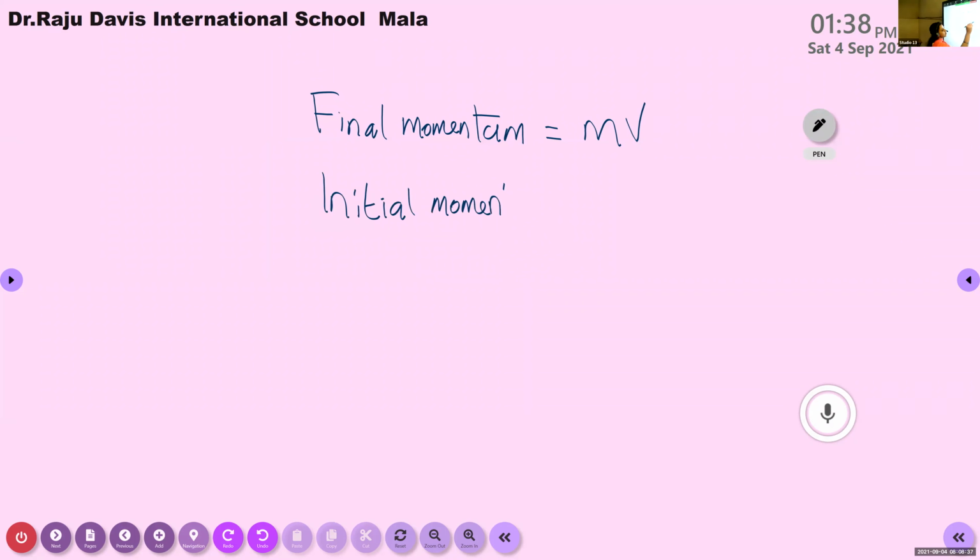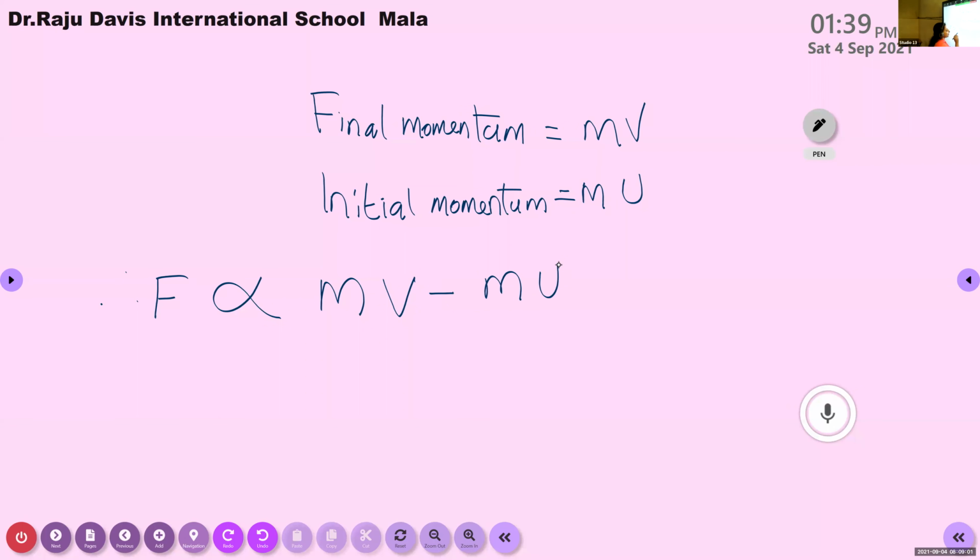Very good. Initial momentum means mass into initial velocity, that is mu. Therefore, force F is directly proportional to final momentum minus initial momentum, that is mv minus mu, divided by time taken.